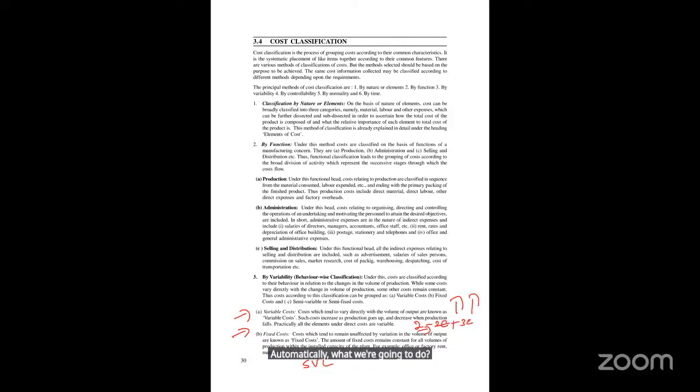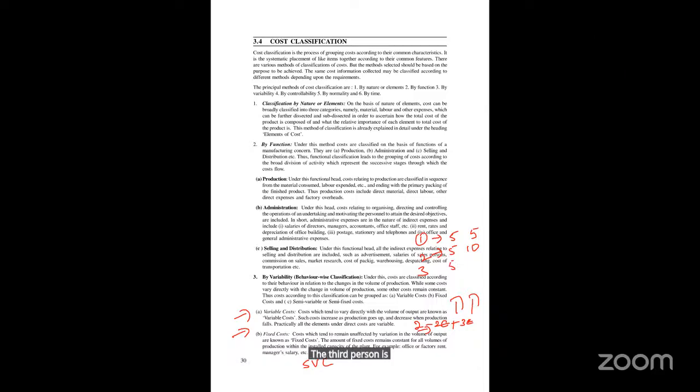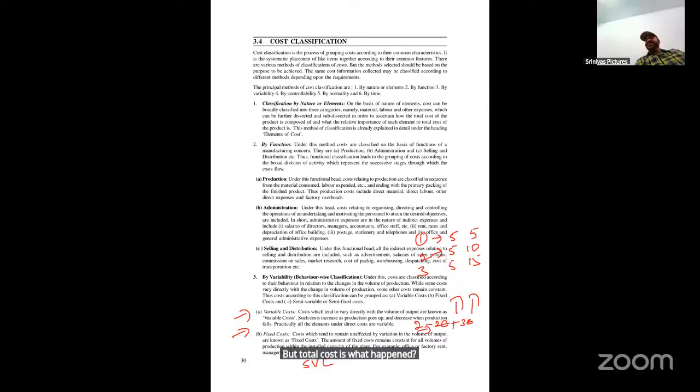Another egg is added. The first egg costs 5 rupees, that is person number one. When the second is added, another 5. So the first cost is 5 rupees, the second is 10 rupees, and when the third person is there, 15 rupees. That is variable cost. The total cost is 15 rupees. So it means the volume of output is known as variable cost.